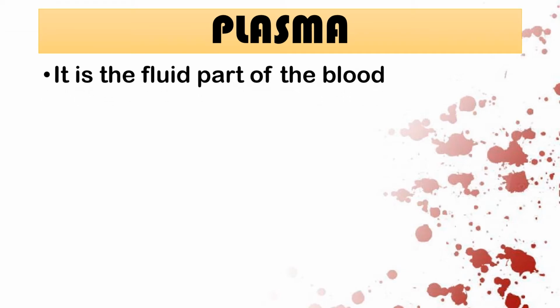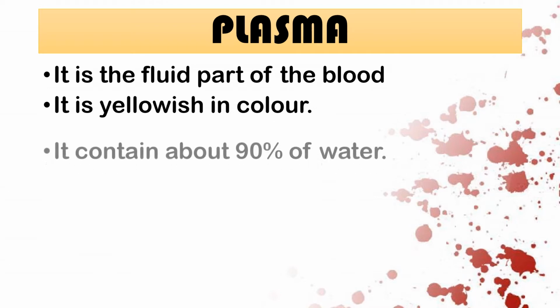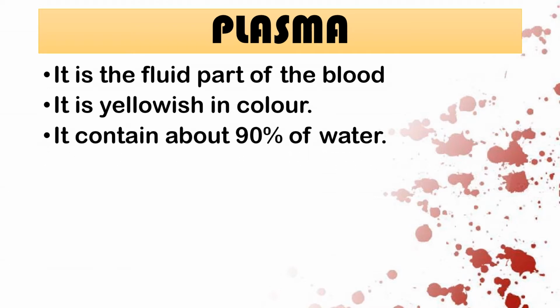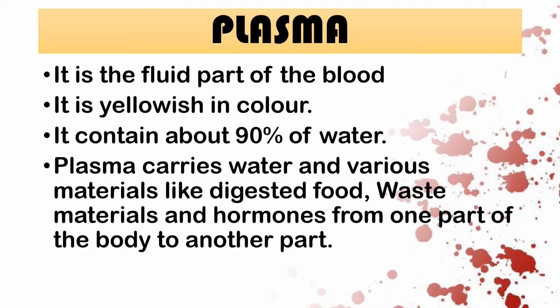Plasma is the fluid part of blood. It is yellowish in color. It contains about 90% water, and plasma carries water as well as various materials like digested food, waste materials and hormones from one part of the body to another part.